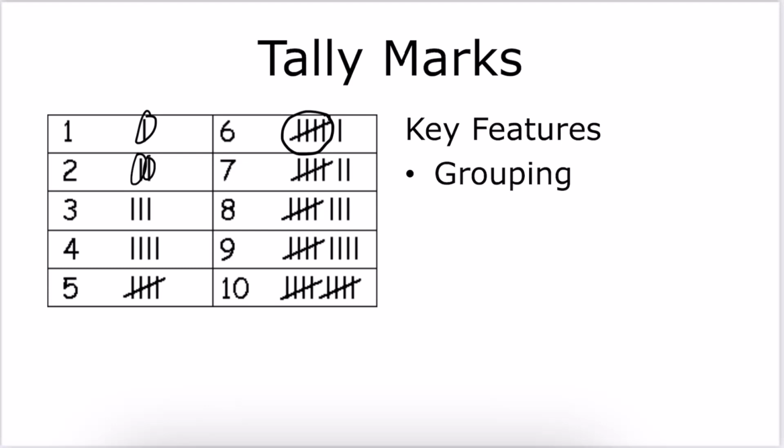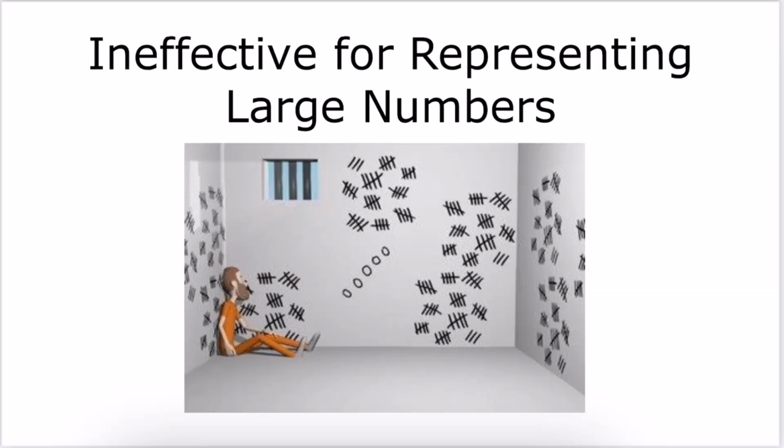So this numeration system is pretty simple, but it's also kind of clunky and ineffective for representing large numbers. Because if you have a very large amount of things that you want to represent, you're going to have tons and tons and tons of tally marks. And because of this, people came up with different numeration systems that were more effective.